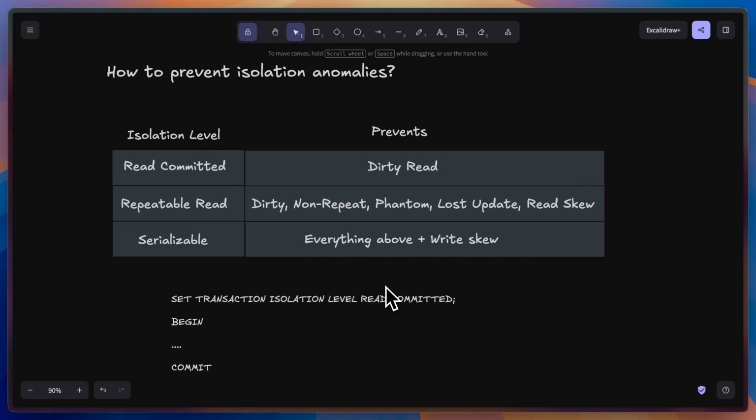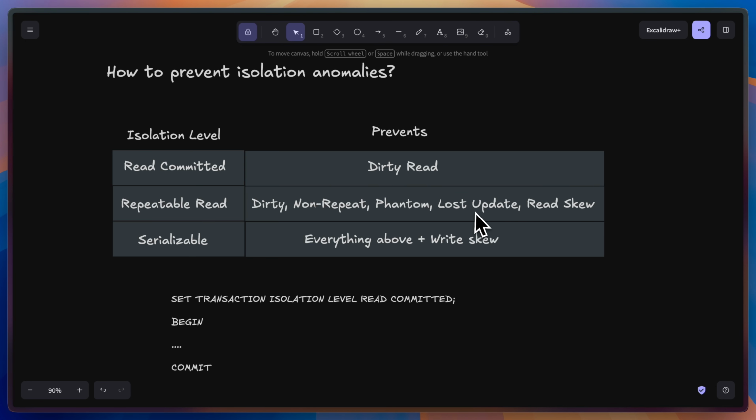Now let me ask you one interview question. The question is, what isolation level will you use for a movie booking application like Book My Show? The answer is, since we have to prevent lost update and dirty read problems, right? In a movie booking application, we don't want dirty read and lost update problems.